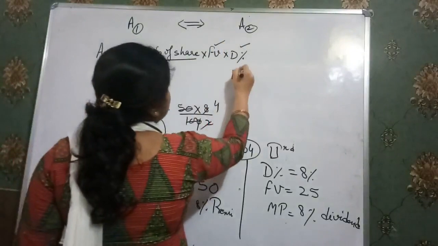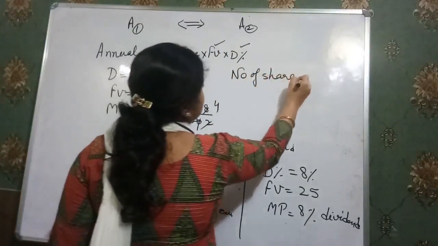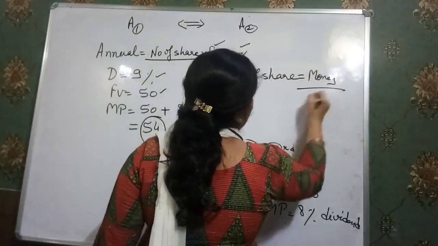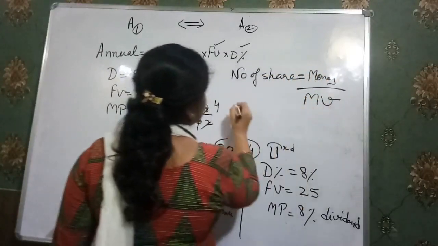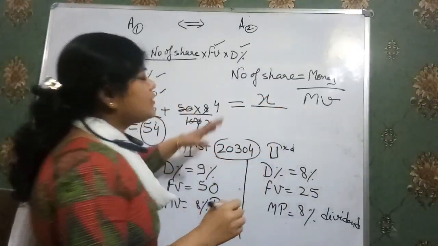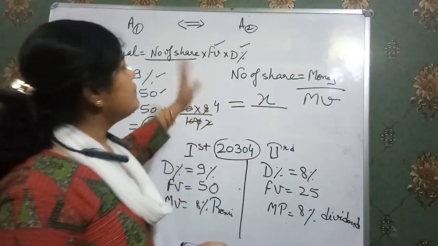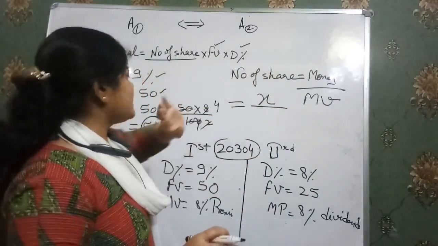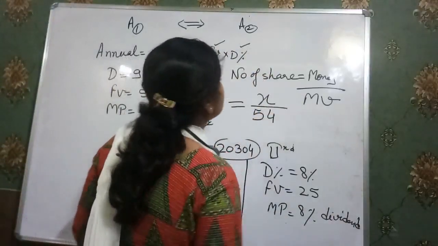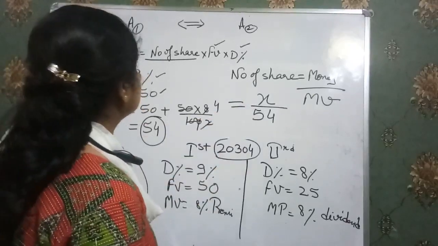So number of shares is equal to money invested over market value. So let the money invested be X, because we have the total money 20304. So in the first company he invested rupees X and market value is 54. So this is our number of shares.